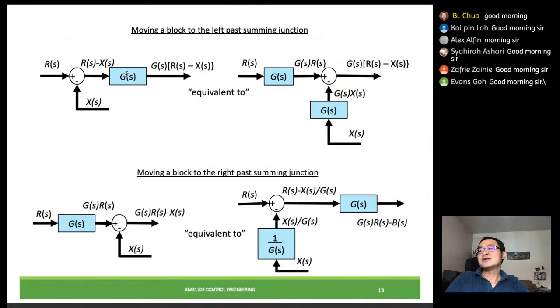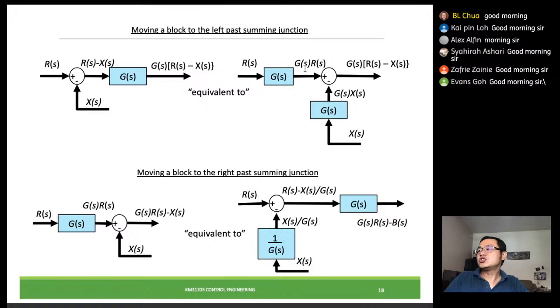But once we move it before the summing junction, the signal coming through the transfer function G gives us GR before we go through the summing junction.